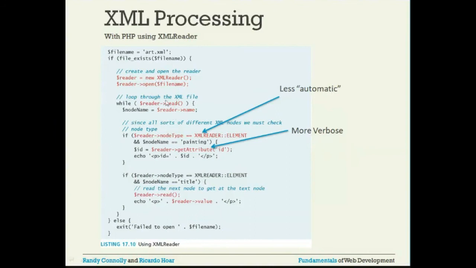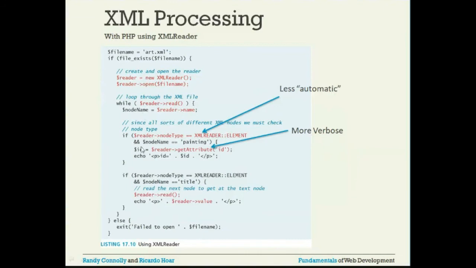Now loop through the XML file while $reader->read, which means it is going to read the first line, and you are going to store the name. $reader->name, the node name, will be stored in the nodeName variable.